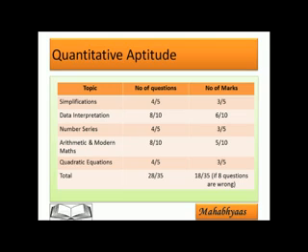Out of 5 questions on number series, try to attempt 4 questions, out of which let us assume 3 are correct. Out of 10 questions on arithmetic based questions, try to attempt 8 questions, out of which let us assume 5 are correct.